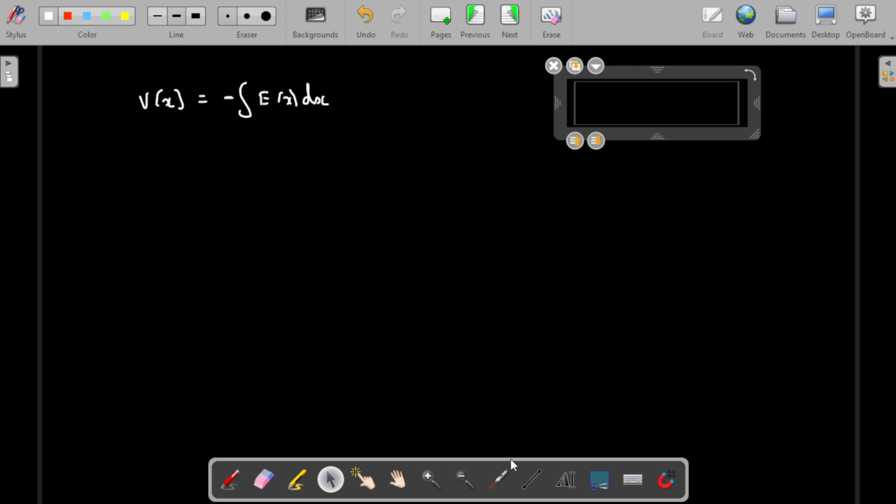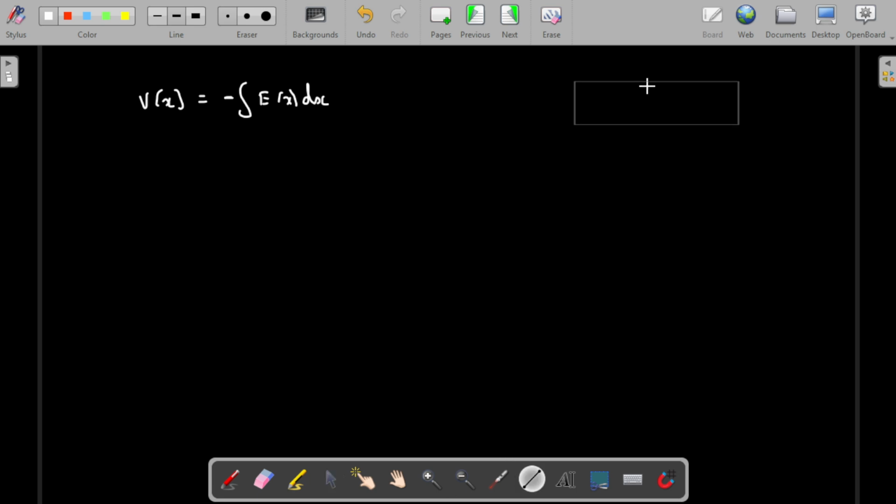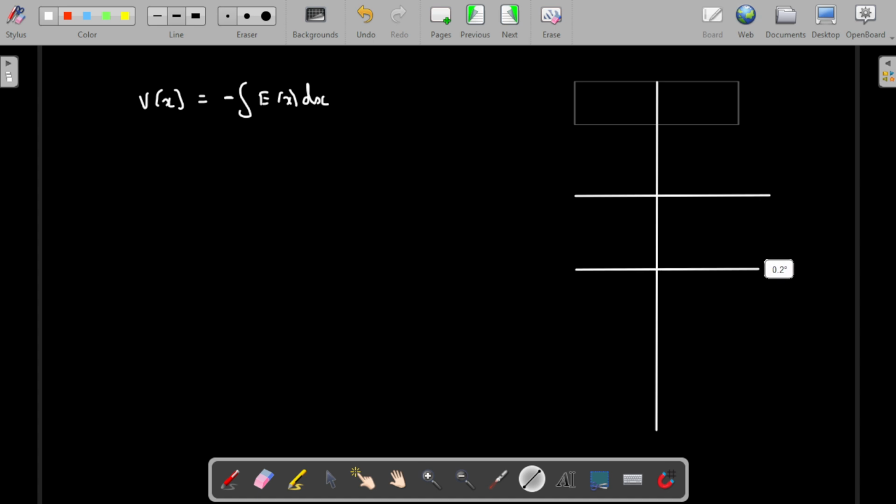So this is a PN junction diode. Here we are going to draw the charge density, here we are going to draw the electric field, and then here we will be drawing the voltage.